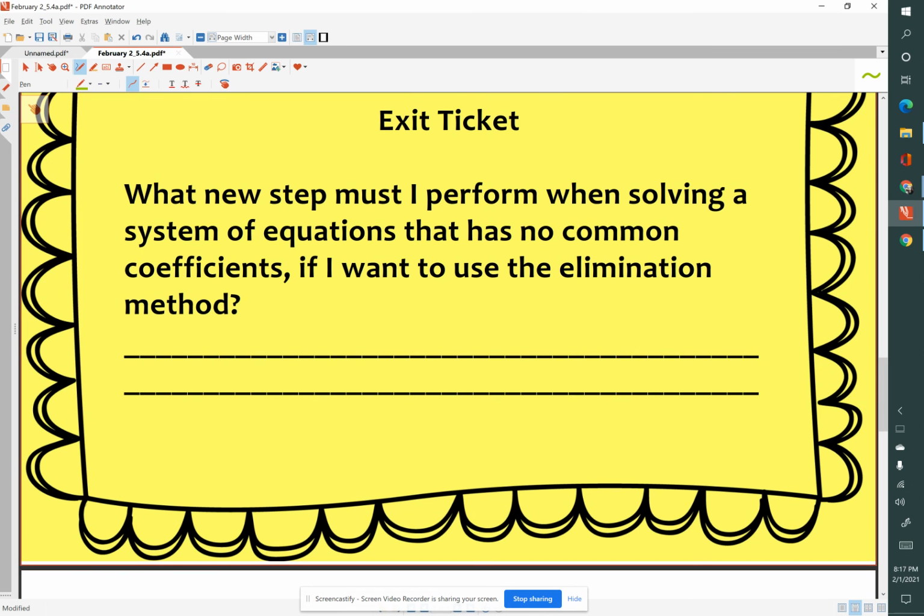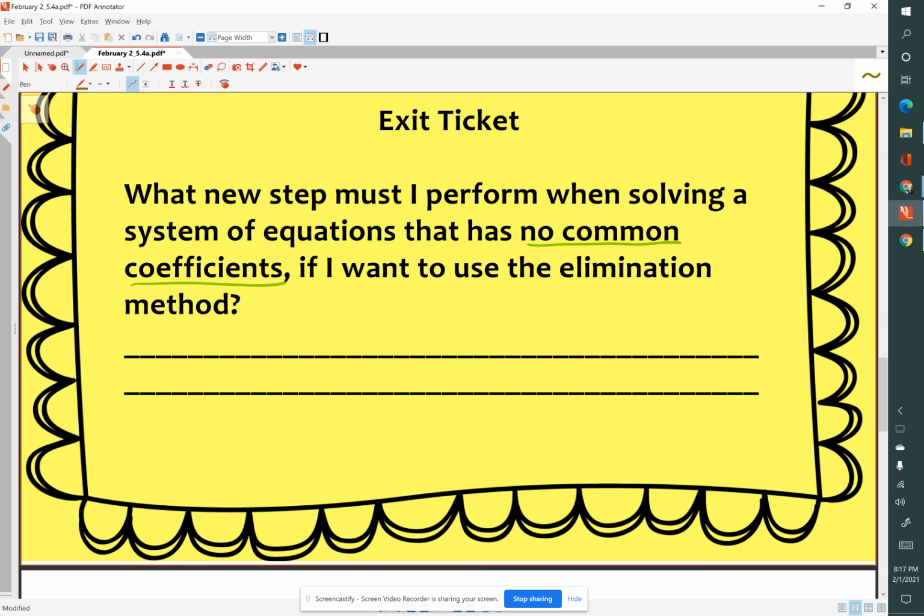What new step must I perform when solving a system of linear equations that has no common coefficients? That's the key, no common coefficients, if I want to use the elimination method.